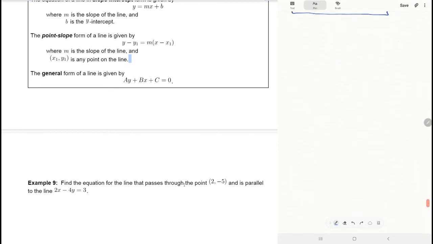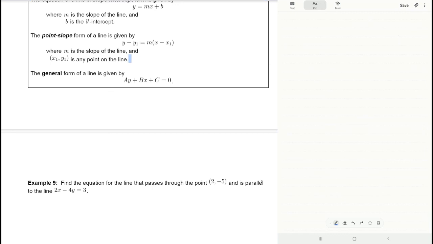So here we have the equation. Let's find the equation for the line that passes through the point (2, negative 5) and is parallel to the line 2x minus 4y equals 3. To find the equation of the line, we need to know two things. One is the slope of the line, and the other is any point which is on the line.